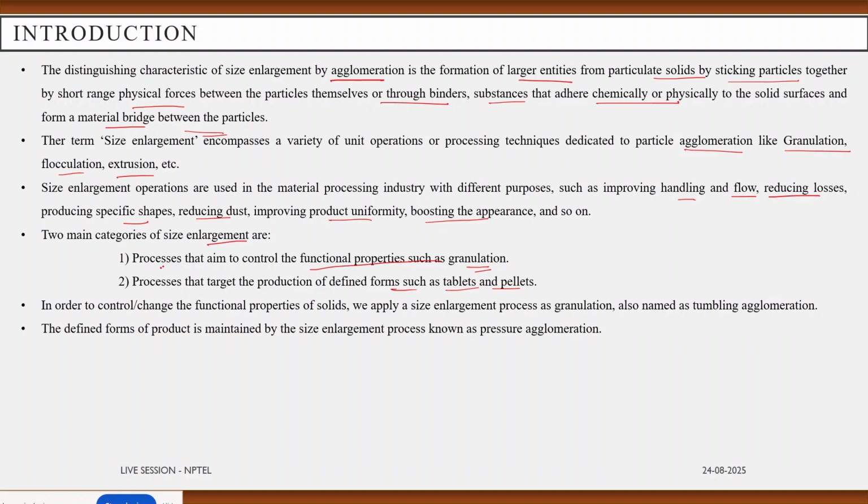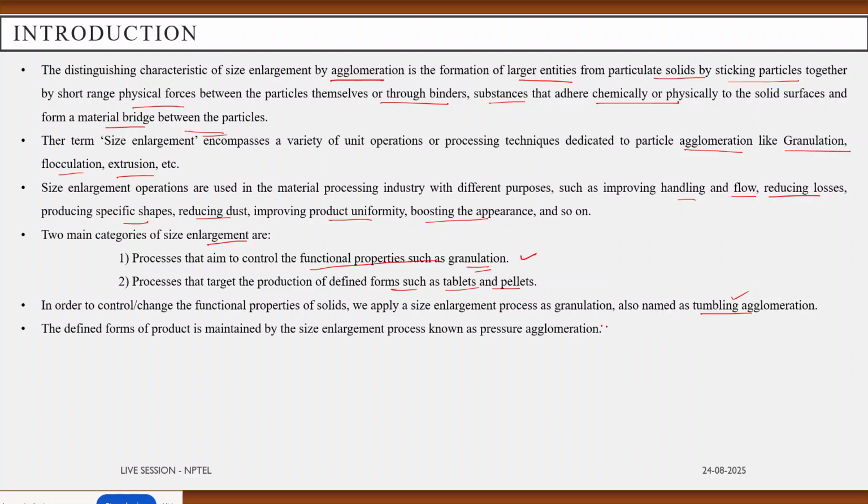In order to control or change the functional properties of the solid through granulation, we apply size enlargement processes such as tumbling agglomeration, of which there are different kinds, or other processes like fluidized agglomeration or any kind of mixed agglomeration.